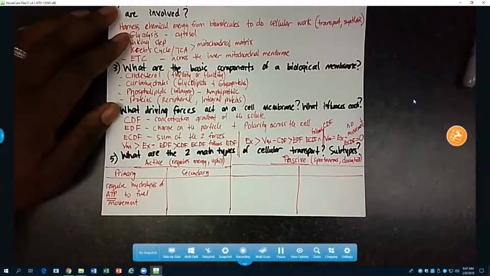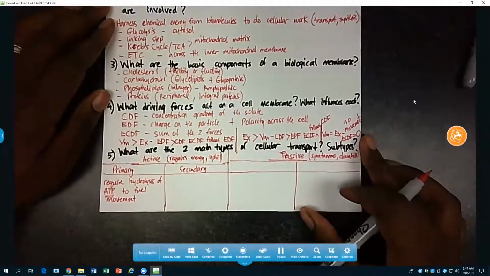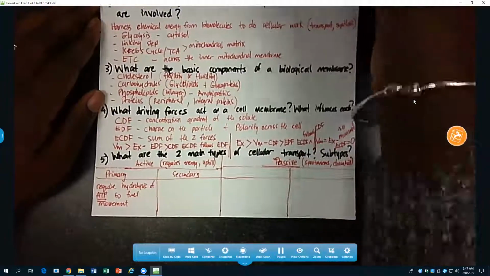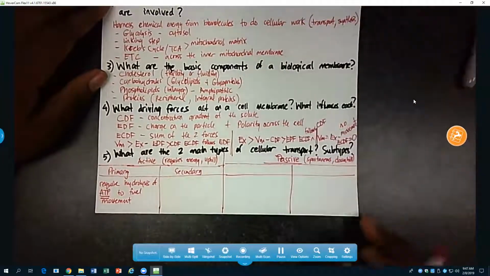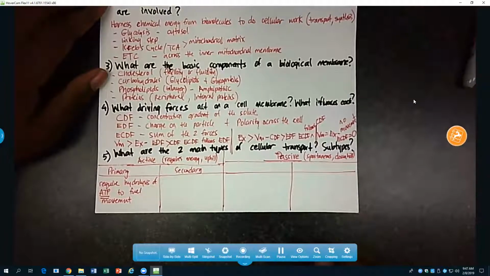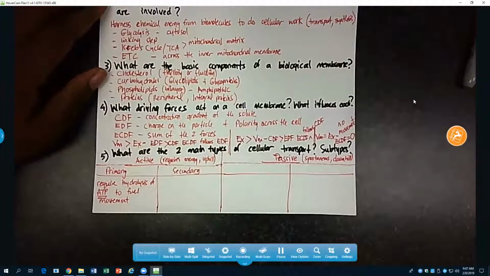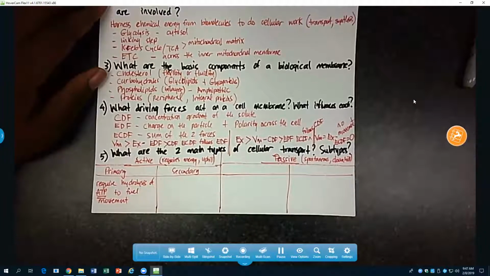What about secondary active transport? What was the source of energy for secondary active transport? It uses energy from like stealing energy or whatever. Right? Okay. It takes energy from ions that are like coming across the big concentration gradient.